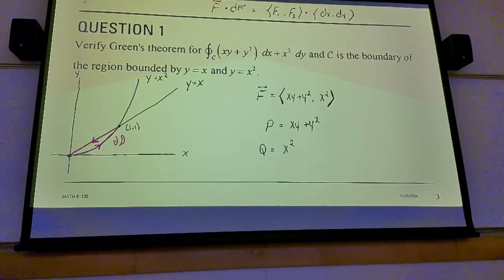Let's call that bottom path C1. Parameterize it.